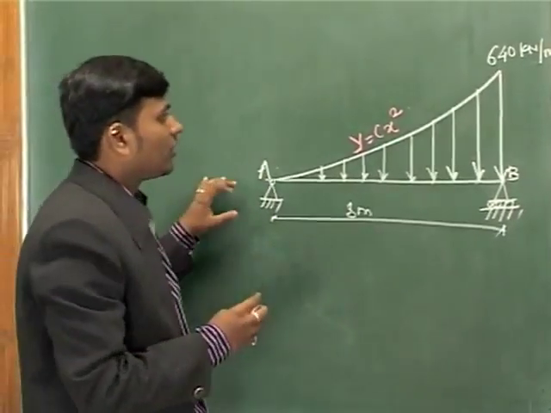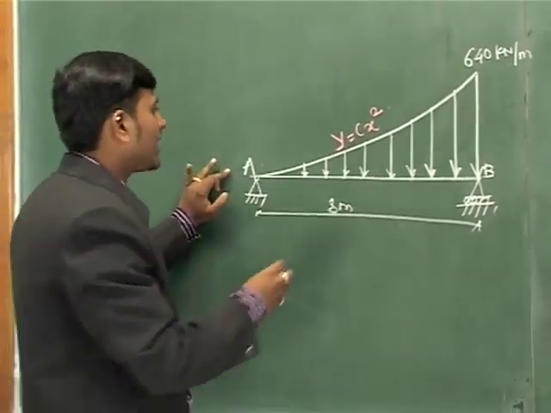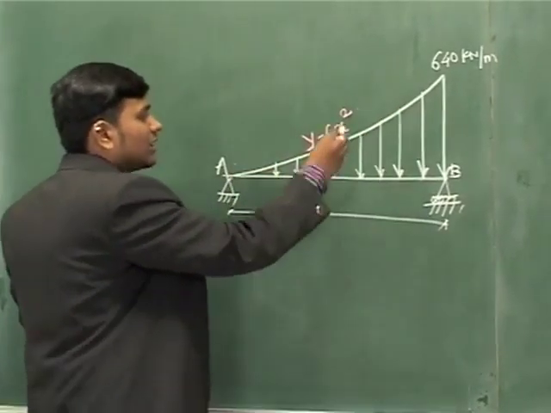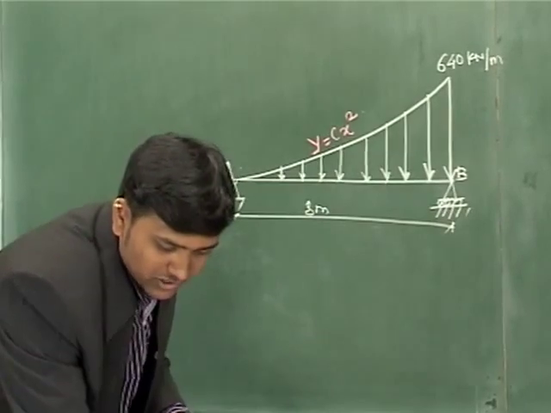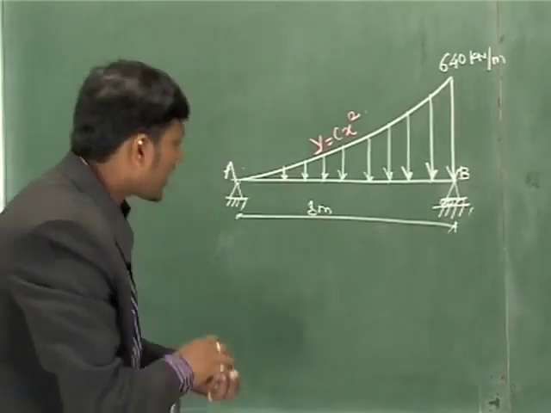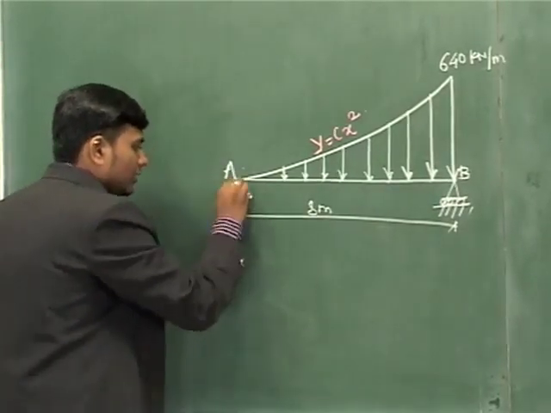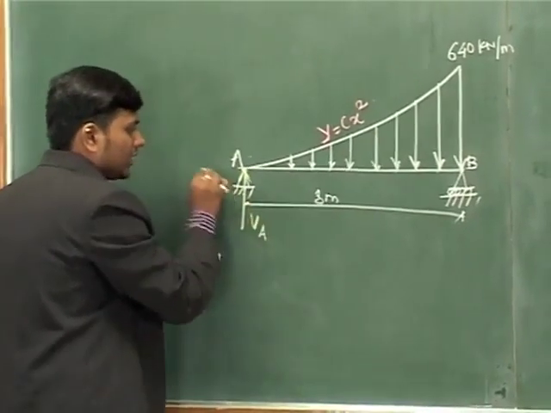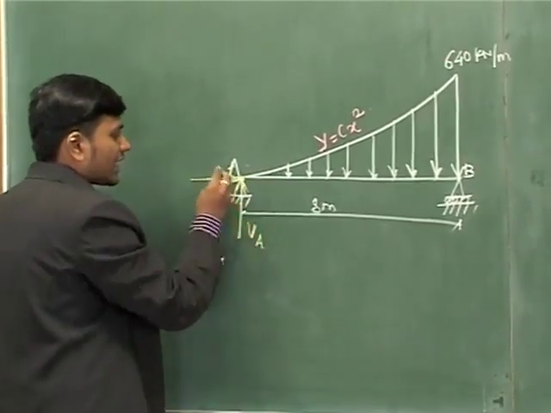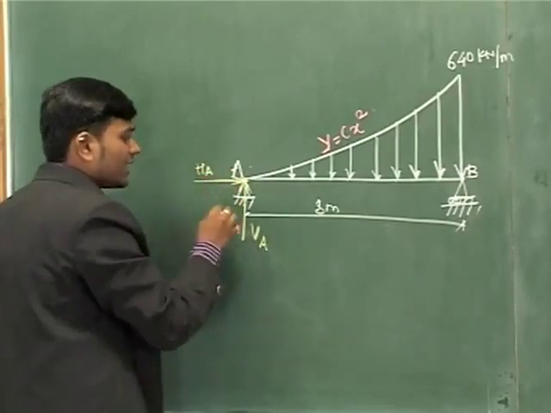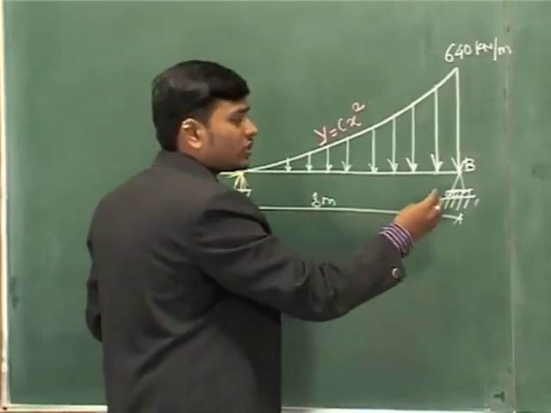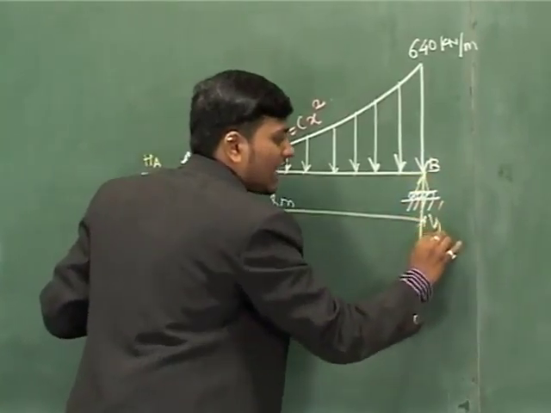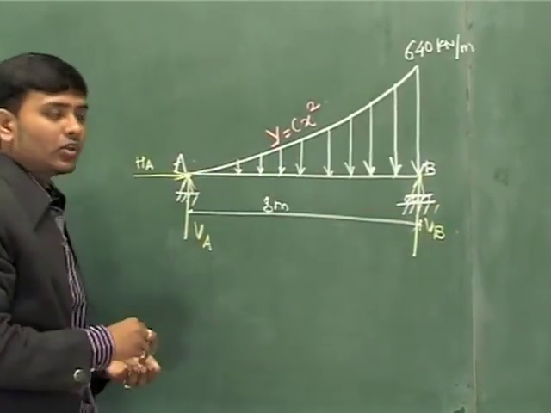So this is the problem of a varying load, governed by the equation y is equal to cx square. As your procedure says, first you have to calculate the number of reactions and equations, and find out whether you can solve it by the three equations. Vertical reaction at A and horizontal reaction at A, since it is a hinge support, and vertical reaction at B since it is a roller support.